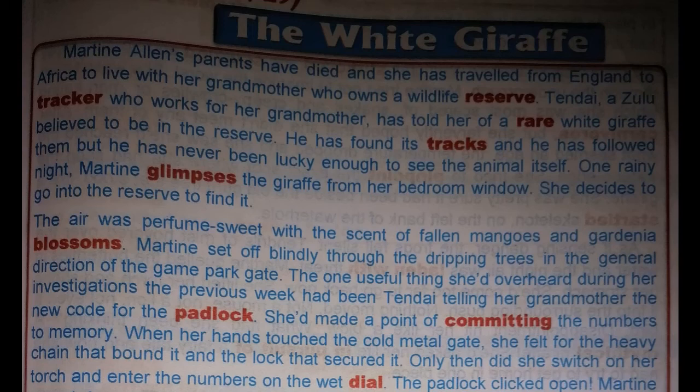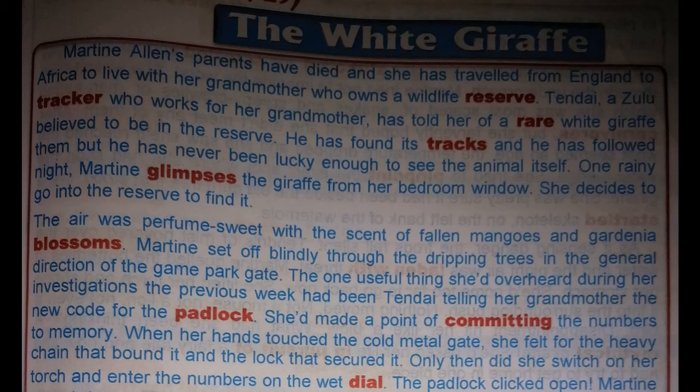The one useful thing she'd overheard during her investigation the previous night had been Tendai telling her grandmother the new code for the lock. She'd made a point of committing the numbers to memory.